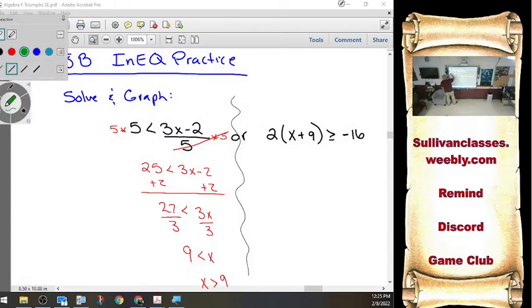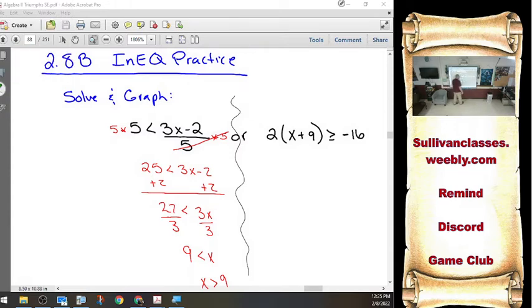The other one, curious. Who distributed first? Who divided by 2 first? Okay, that is a trick that you can do. That's 2 times a thing. I can divide by 2 right now if I want. Watch what happens if I divide by 2 and then subtract 9.